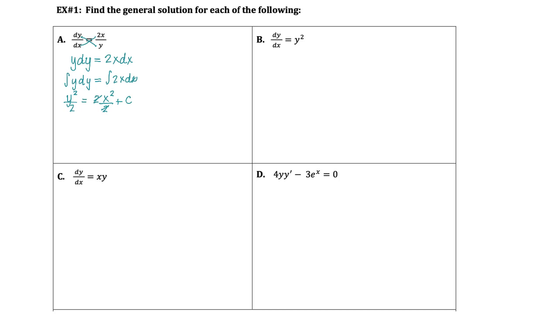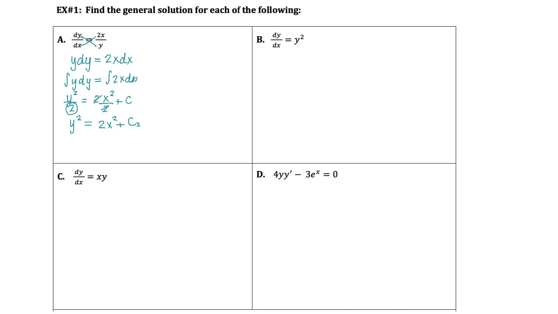And then notice that we do not have a point given to us for this solution curve to go through. Now we could go through and multiply everything by 2 to remove that 2 from the denominator if you want. And so that's going to be 2x squared plus another constant, and we can call that c sub 2 or just call it c.